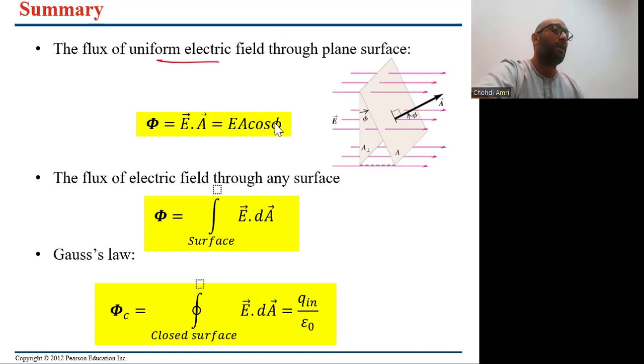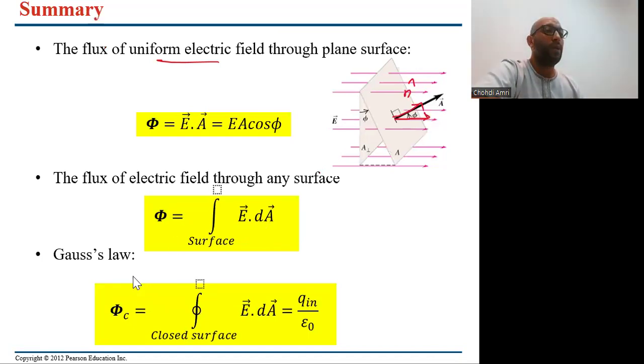And phi in this case is the angle between the normal vector and the electric field E. For the flux through any surface, whether the electric field is uniform or the shape is irregular, the flux will be the integration of E dot dA.